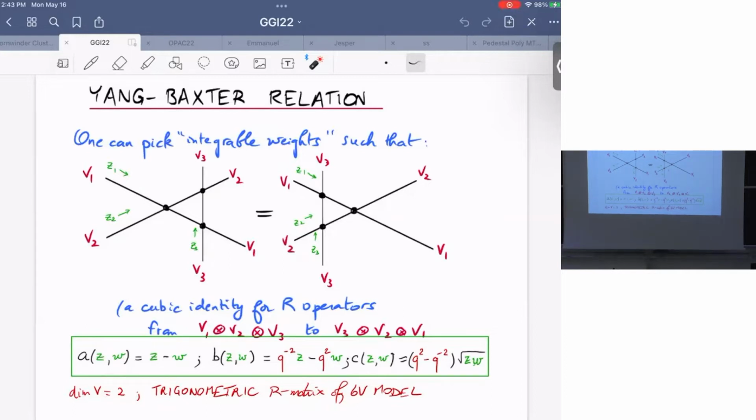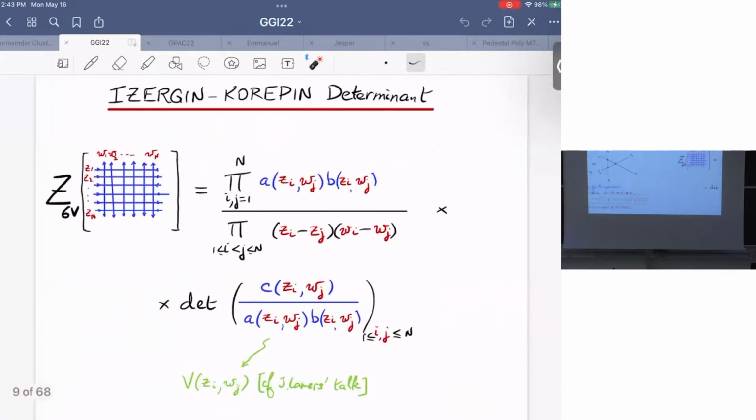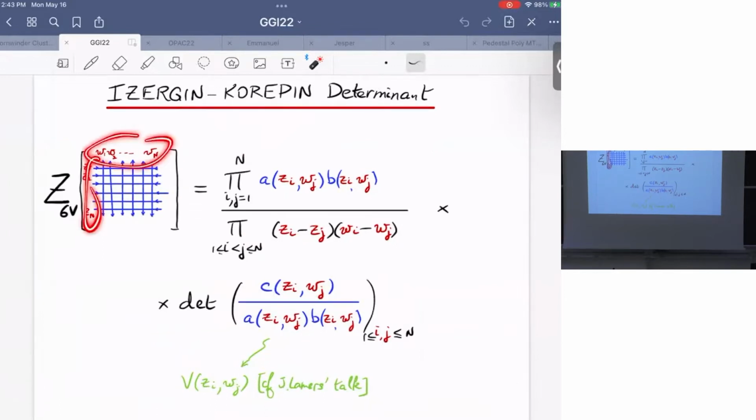So it's like 2n different parameters plus a Q. So that's 2n plus 1 parameters for each of your models. Okay, and then for the most general configurations and some other configurations, the partition function of that model, depending on all these parameters, Z's and W's and Q, is actually given by the Izergin-Korepin determinant.